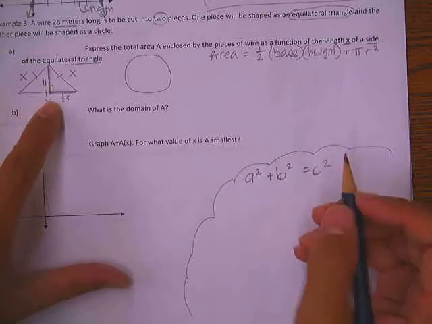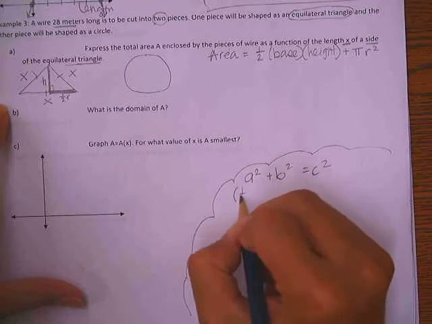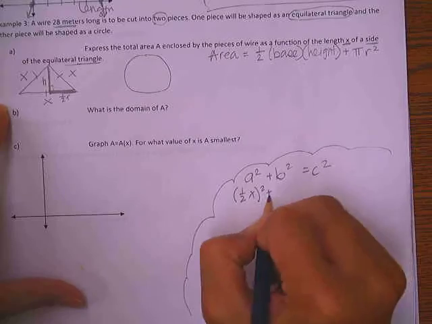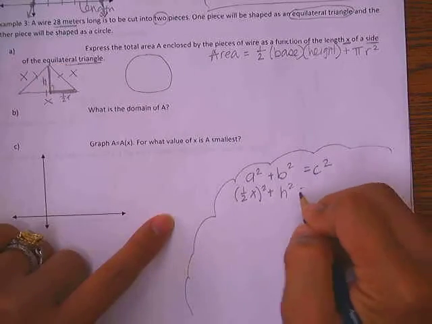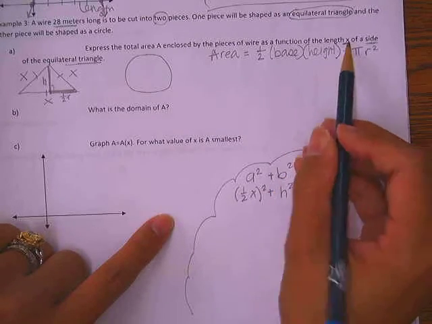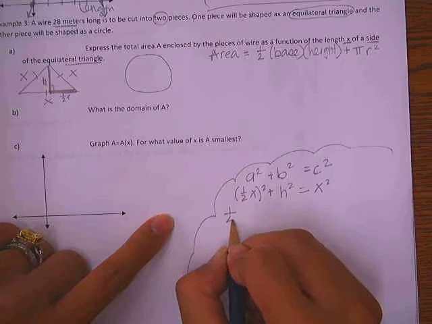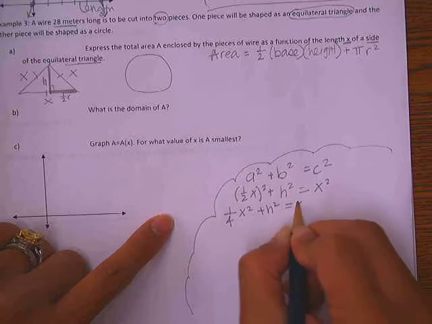Well, a is going to be 1/2 x, squared. B is going to be this height, whatever this height is. C squared is now x squared. I'm really trying to solve for the height because I want it all in terms of x. So this is really 1/4 x squared plus h squared equals x squared.